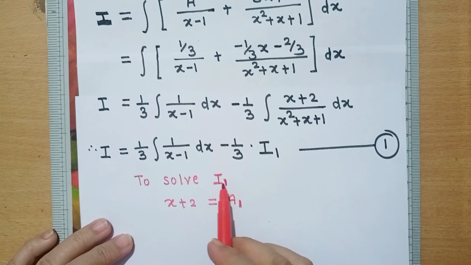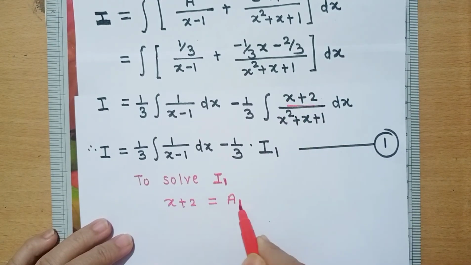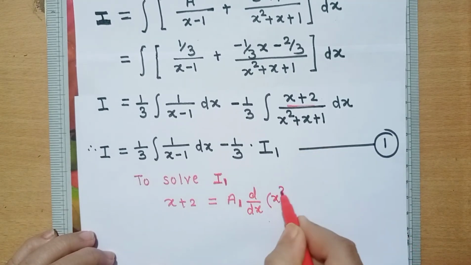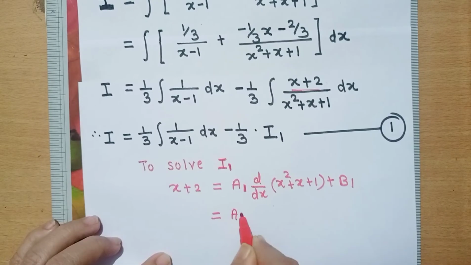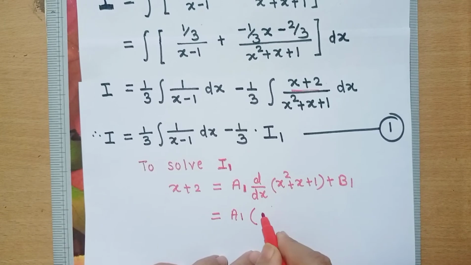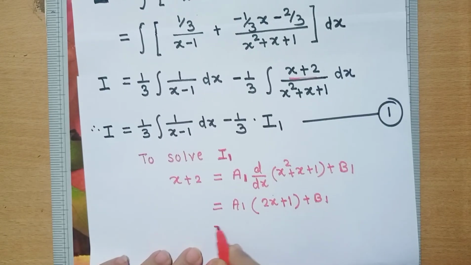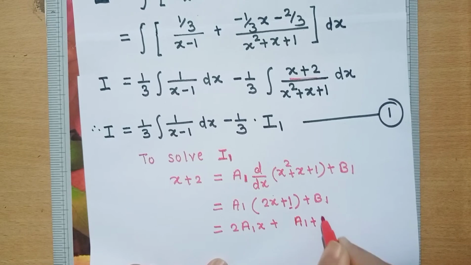To solve this I1, we will express this numerator in the form a1 into d by dx of this denominator, x square plus x plus 1, and plus b1. Solve this derivative. This is 2x plus 1 and plus b1, and again we will express this as twice a1 x, then a1 into 1, a1, and this is b1.